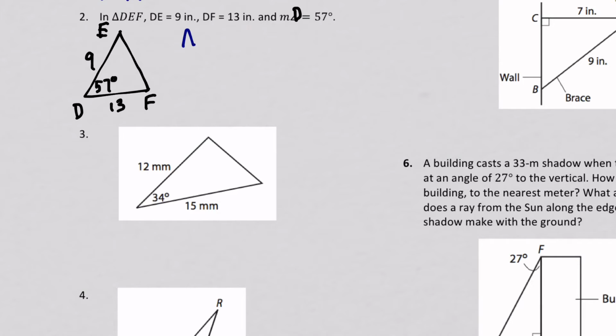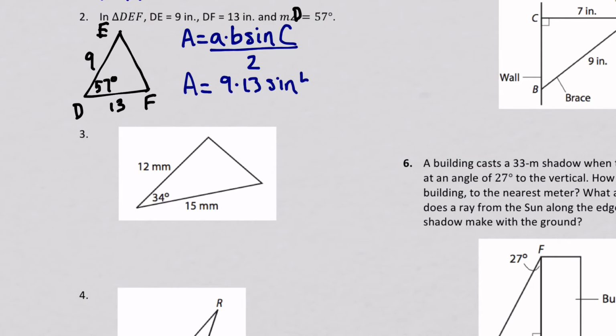The area is A times B times sine of C all over 2, which really just means two sides, the sine of the angle between them, included by them, divided by 2, right? So let's plug in the values that we have here, and we're going to get A equals 9 times 13 times sine of 57 divided by 2.